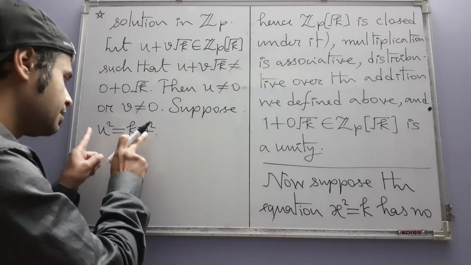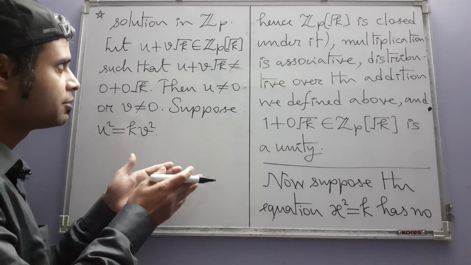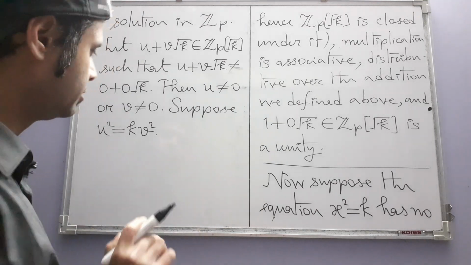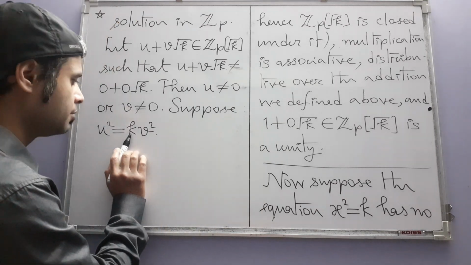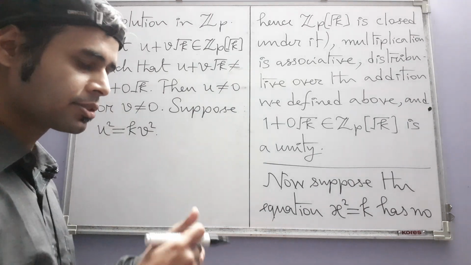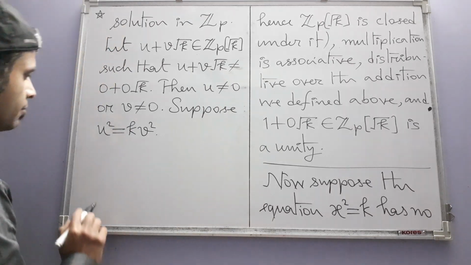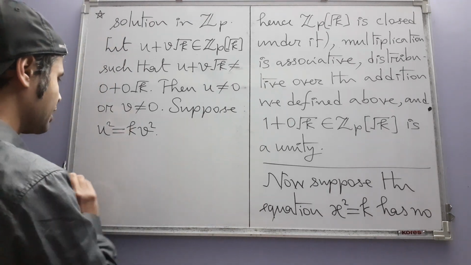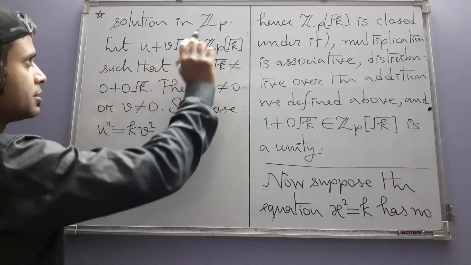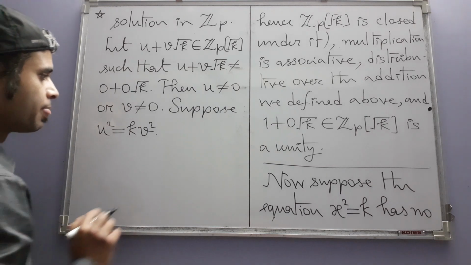Keep in mind what is the meaning of this equation. u and v are coming from where? Coming from Z_p. So they are actually not ordinary integers, but k is an ordinary positive integer. k v square means v square plus v square plus v square, k times. So that is the meaning. But whatever the situation is, after all, this equation is to be interpreted in this field Z_p.